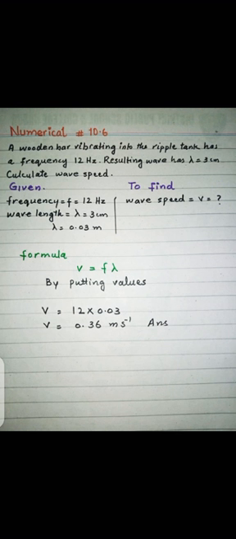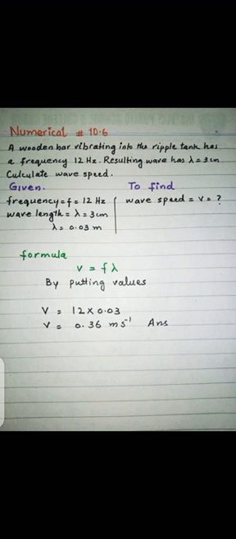is 3 cm. First we are going to convert the lambda 3 cm into standard unit, which is meter. So the lambda will be equal to 0.03 meters. Now what is to find? Wave speed we have to find. By using the formula V equals F lambda, now by putting the values in this formula, we get V equals 12 multiplied by 0.03.